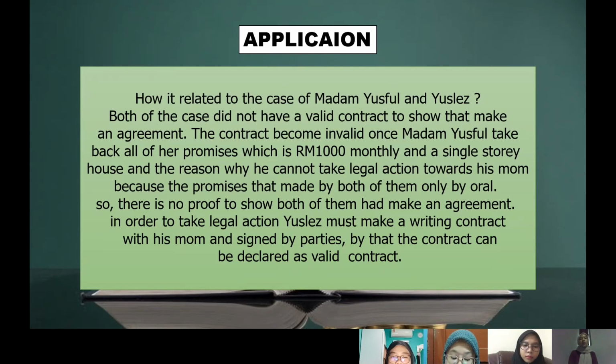The reason he cannot take legal action against his mom is that the promise they made was only oral, so there is no proof to show that both of them had made an agreement. In order to take legal action, Useless must make a written contract with his mom, signed by both parties. By that, the contract can be declared a valid contract.